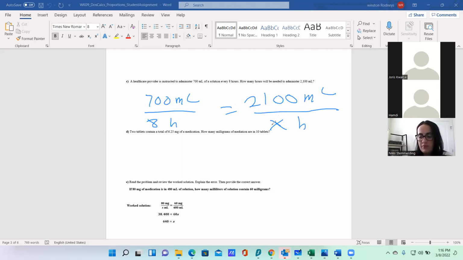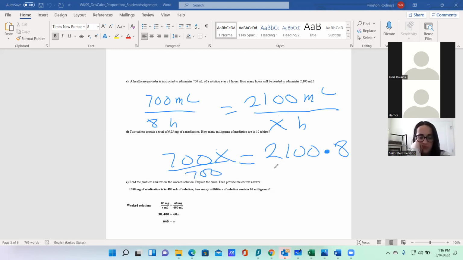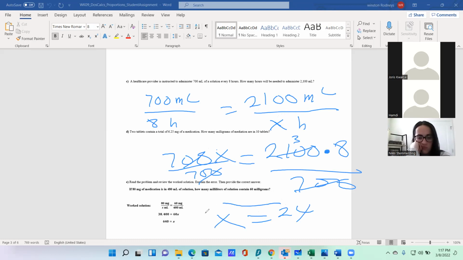X hours. Cross multiply. 70X equals 2100 times 8. Divide both sides by 70. You have your X equals, and use your calculator from this point. And so that's how much you're going to need.